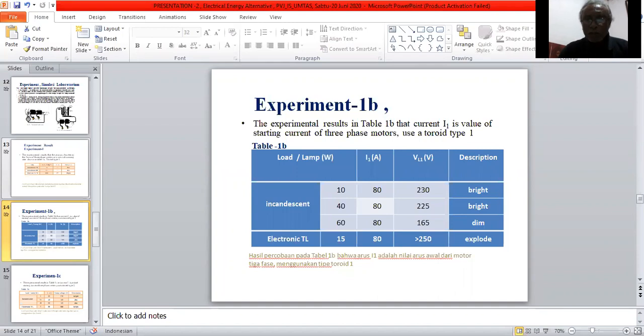And next, experiment 1B. The experimental result in table 1B, where current I1 is the value of the starting current of three-phase motors, uses toroid type 1.